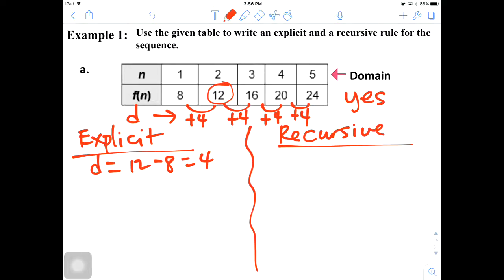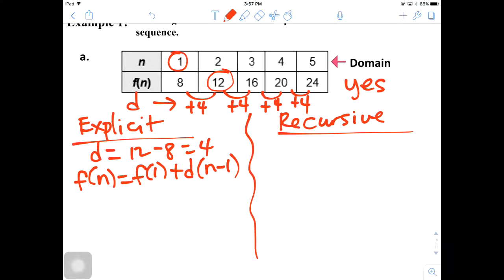So using the formula, notice that we have n starting with 1 from the table. So we're going to use the formula that says n starts with 1, f of 1. If you recall that formula, it is f of n equals f of 1 plus common difference times n minus 1. Since we know the first term is 8, we're going to substitute that into the equation, and we also know that the common difference is 4.